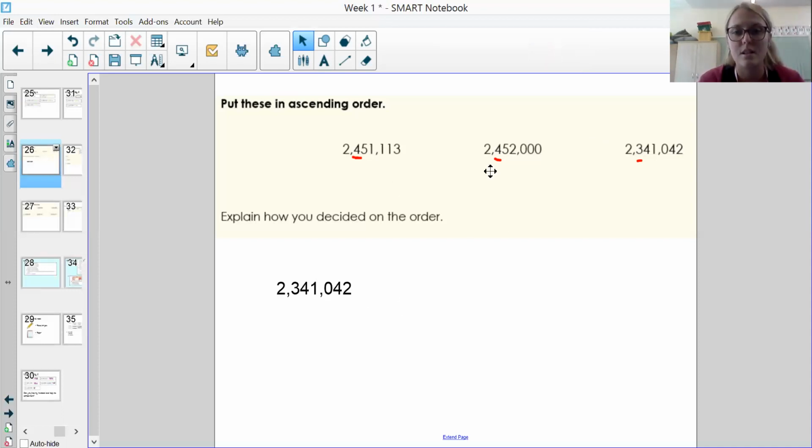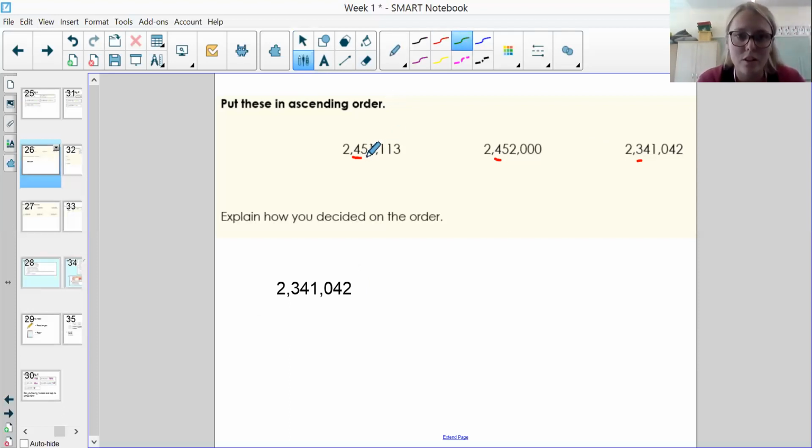So then I need to decide out of these 2, which is the next one, and then which is the biggest one, because I'm going from smallest to biggest, remember. So I'm going to look at the 10,000s digit now. So I've got 5 10,000s in this one and 5 10,000s in this one. Again, they're the same, so I can't tell you which one is bigger just yet. So I need to look at the next place value digit. So I have got 1,000 in this one, and I've got 2,000s in this number.